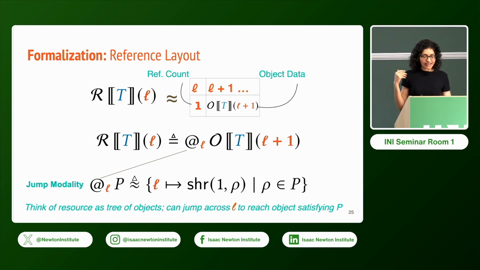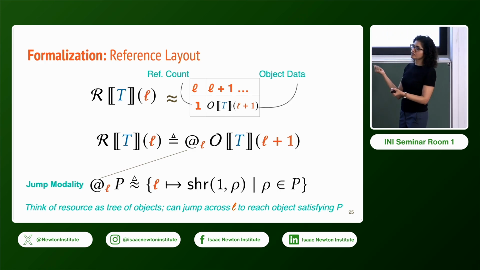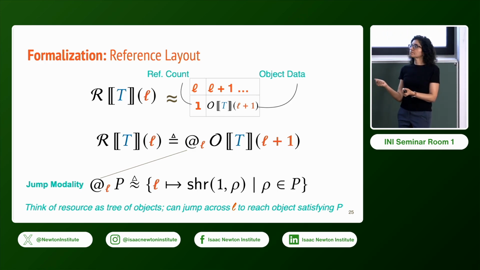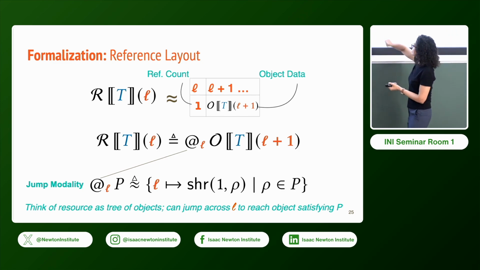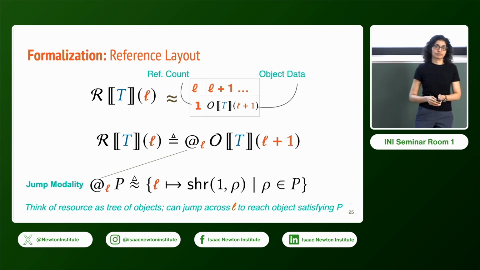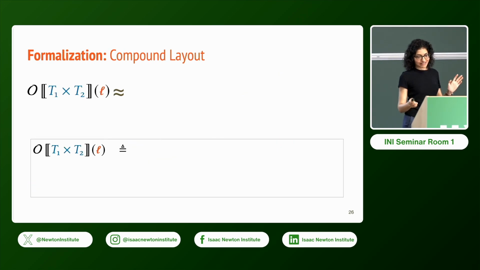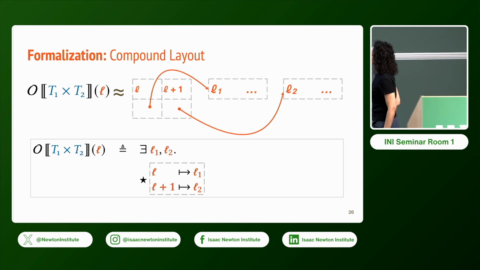And when I say at L P, that means that you can jump across location L to reach some object that satisfies a predicate P. Okay? And the interesting bit here is that any particular at P will only give you one share to that object. Perhaps this is getting a little bit in the weeds. Let's just talk about how we lift this up to object layout. It all just follows pretty naturally.